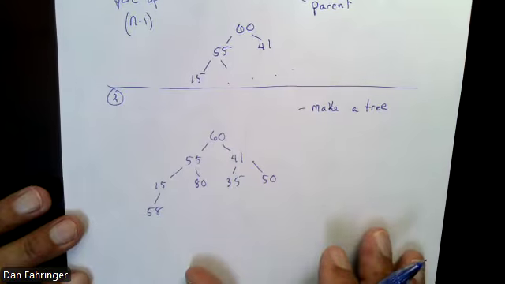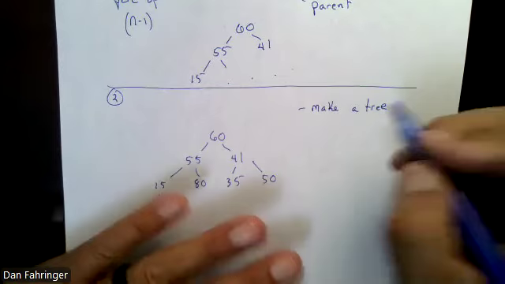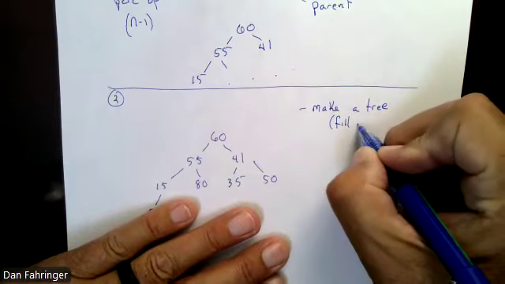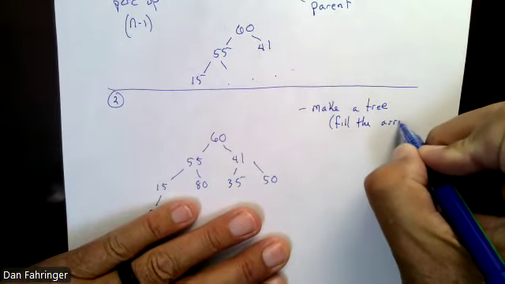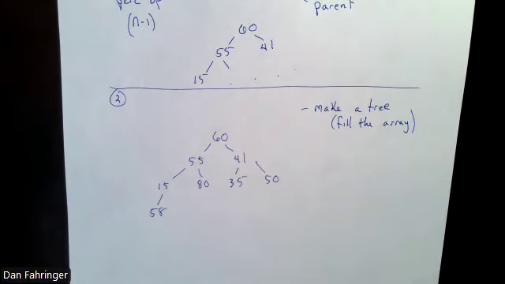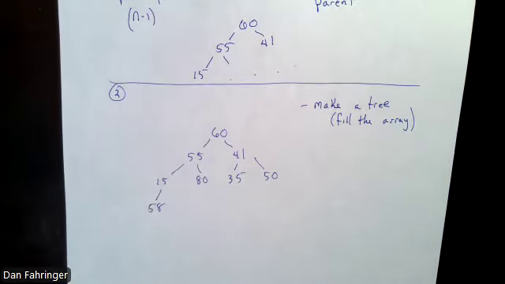Right. So my other scenario is first thing I'm going to do is make a tree. Basically, all I'm doing is fill the array. So now the way I'm going to do this one is I'm going to start at the first node that is not a leaf.